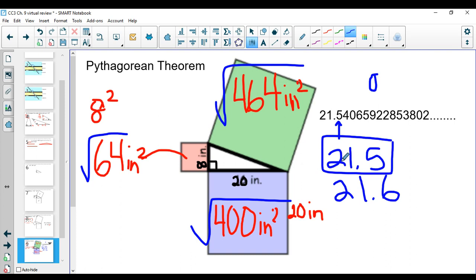That's a reasonable answer considering we had sides of 8 and 20. And when we put in our 21.5, 8 plus 20 is larger than that, and this is the largest side. We're going to do a couple more examples like that.